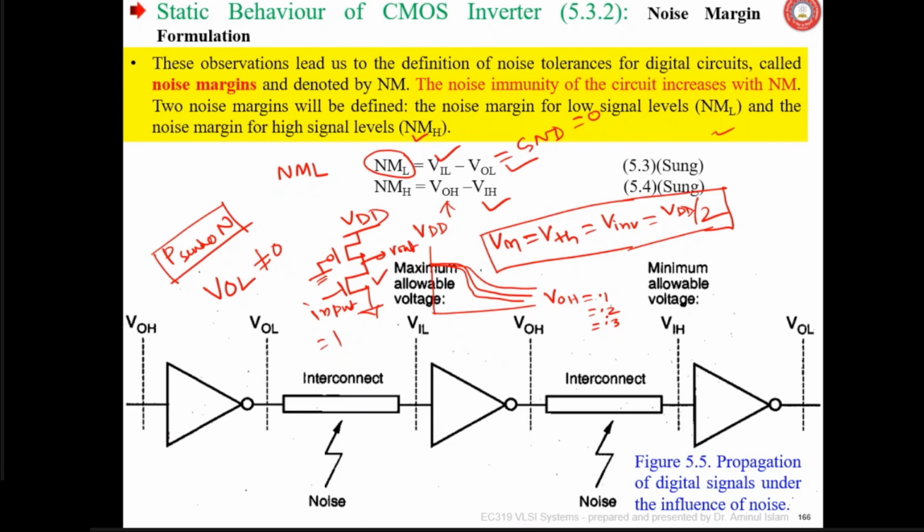So in this case, you see that it will never be 0. But in the case of a CMOS inverter, it will be 0. So we can assume for CMOS gates that VOH is VDD and VOL is ground.